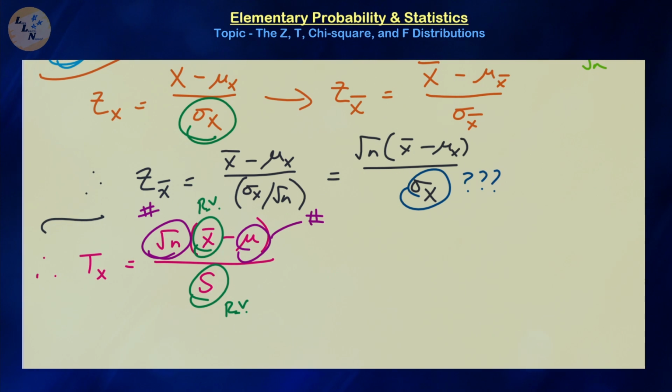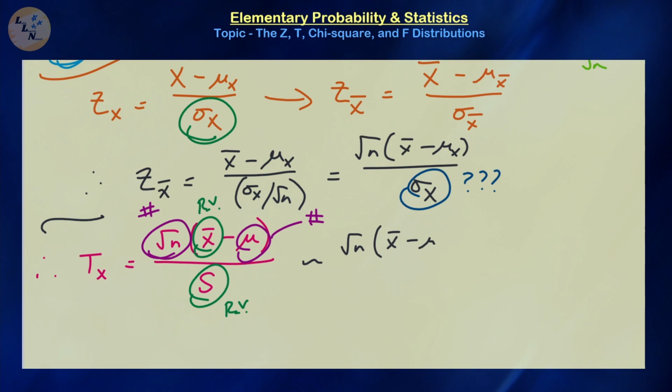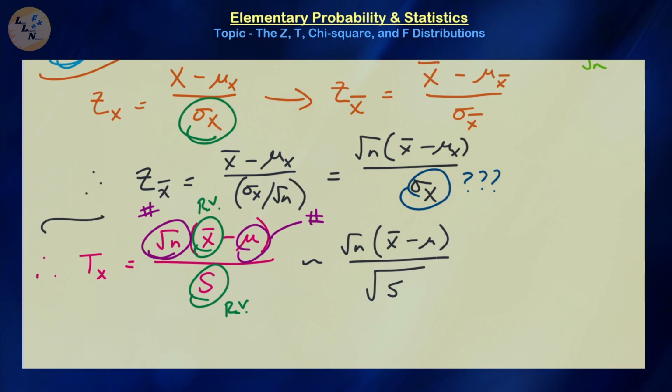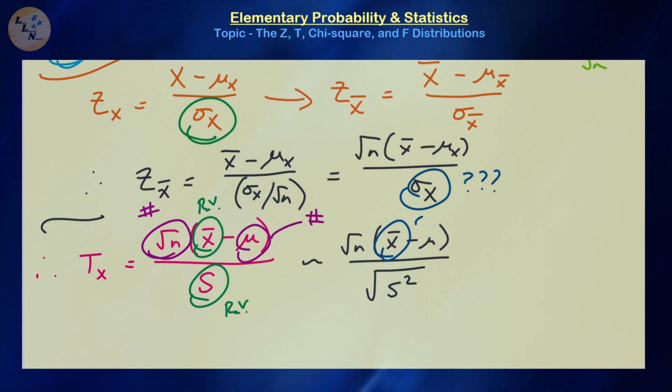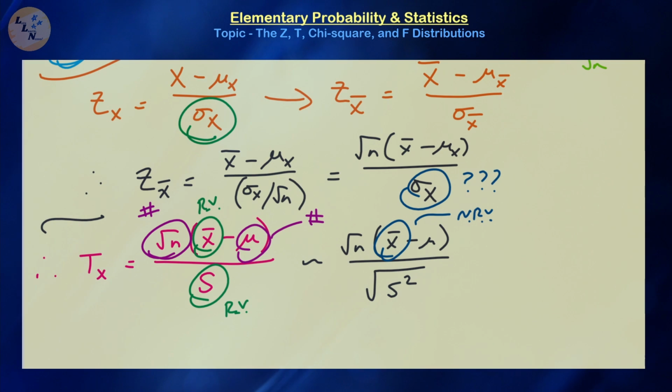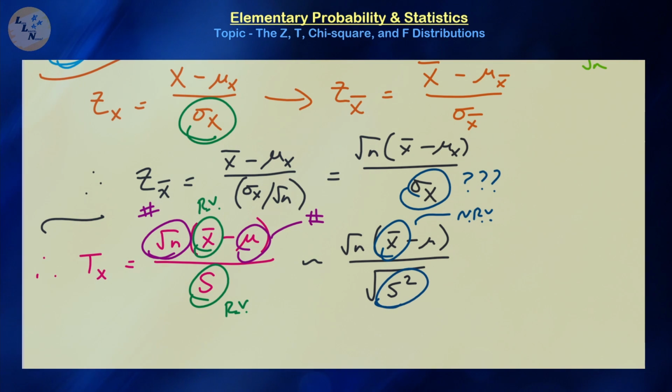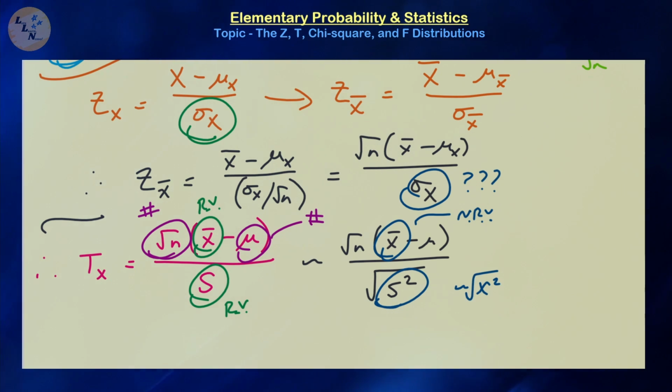So what are we sort of defining here? So notice that this is almost like we're doing, let's write it like this, the square root of n times x bar minus mu divided by the square root of s squared. Right? Now remember, if we assume that x bar is a normal random variable, that means s squared, which is sort of related to the chi-square distribution, is going to be associated to just a chi random variable, or the square root of a chi-squared random variable.